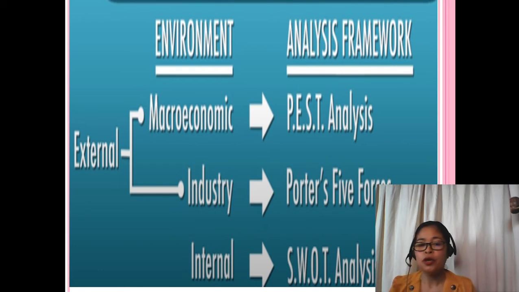And for that, we use Porter's Five Forces as our analysis framework. And for our internal environment, analysts use SWOT analysis to determine the strengths, weaknesses, opportunities, and threats of the company, and also with the external environment.